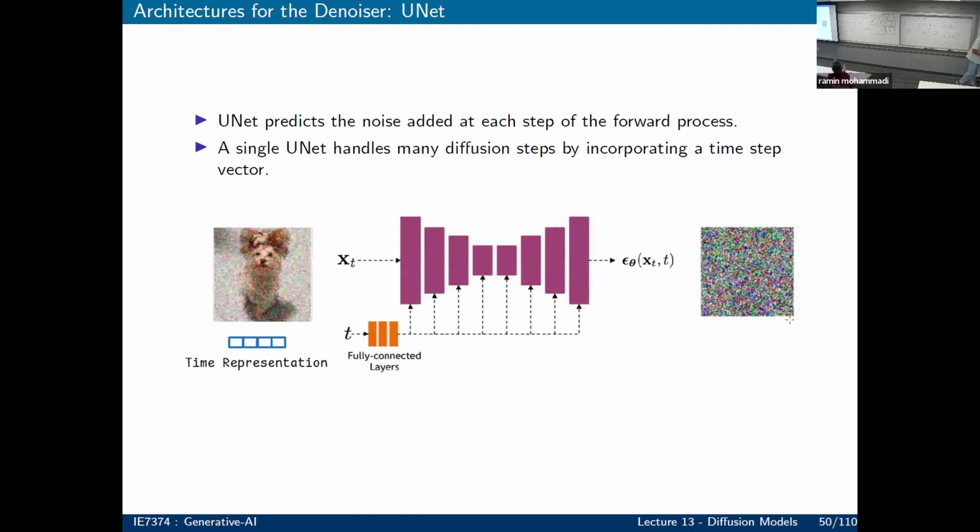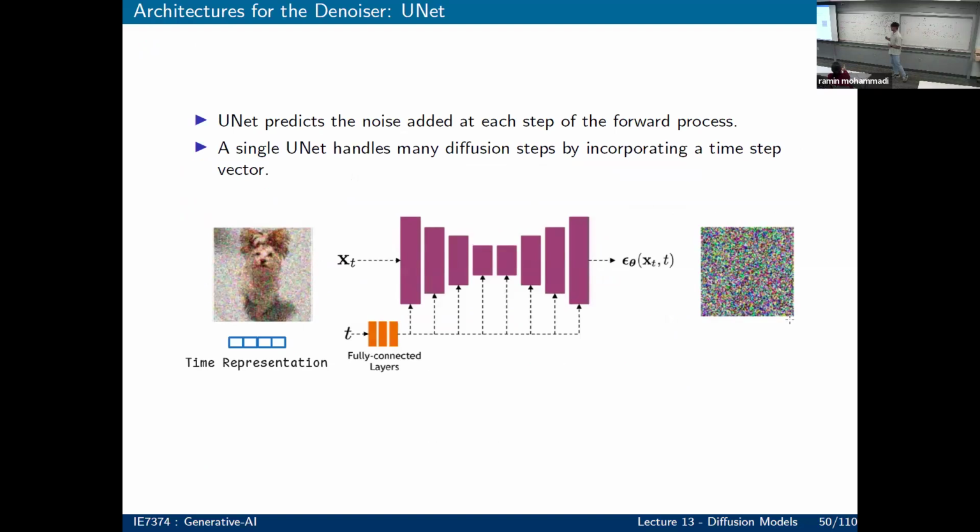I would just quickly talk about this image and then we stop here. In general, when you talk about diffusion models, the main neural network architecture we use is called UNet. Diffusion models by default use UNet.